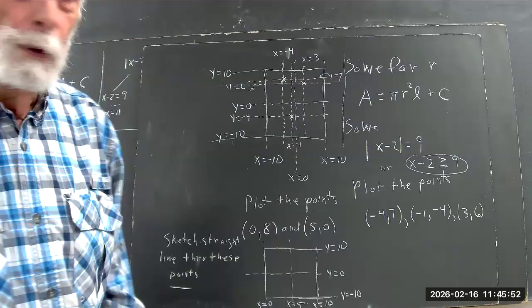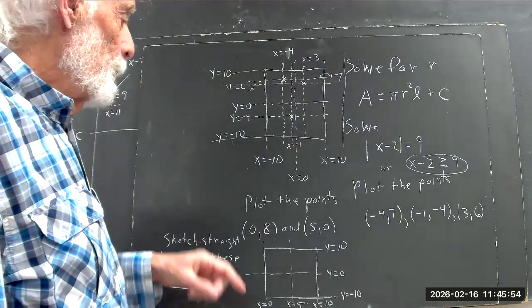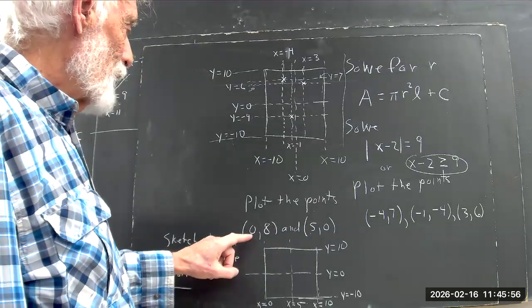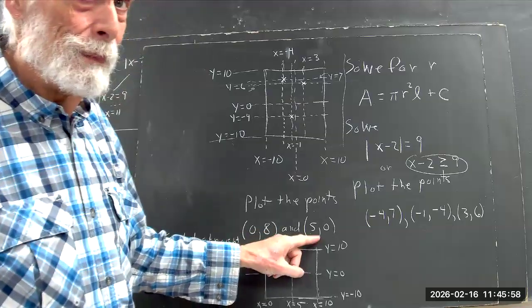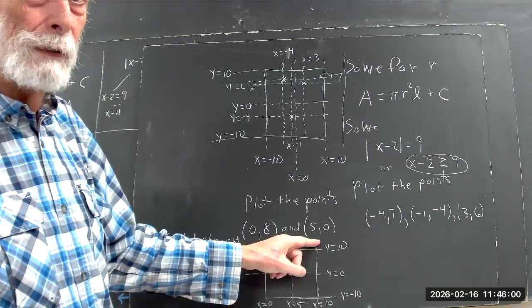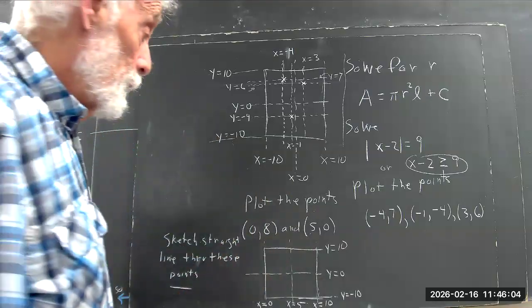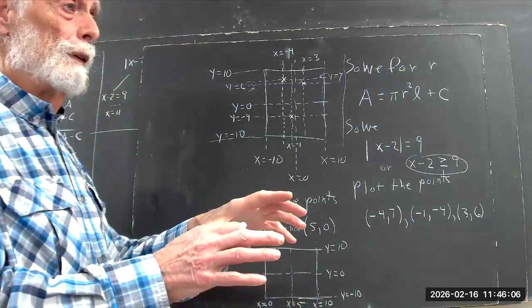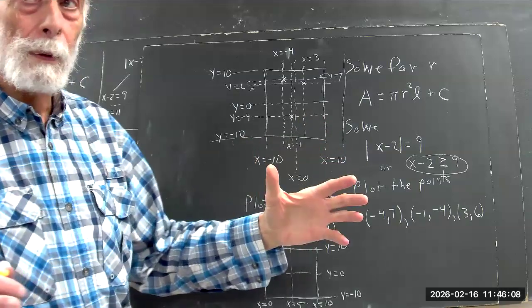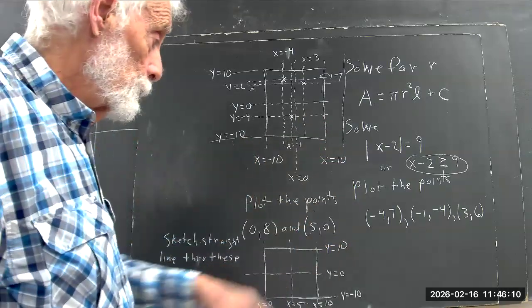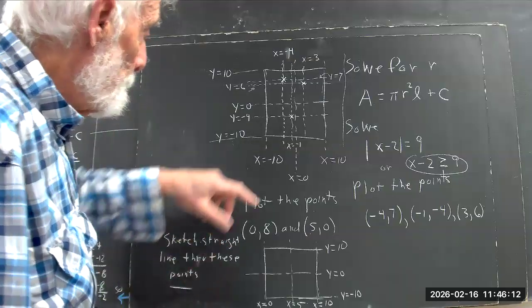I had reasons for wanting to use 10. But any two numbers would do; I could have used 0 and 5, because the x values are 0 and 5. There's no other x values. A lot of times you want to leave yourself room to extend the graph, though. So I left myself a little room to extend the graph.